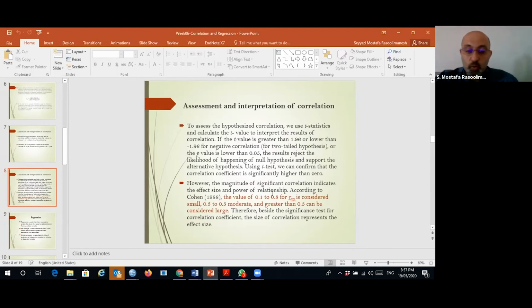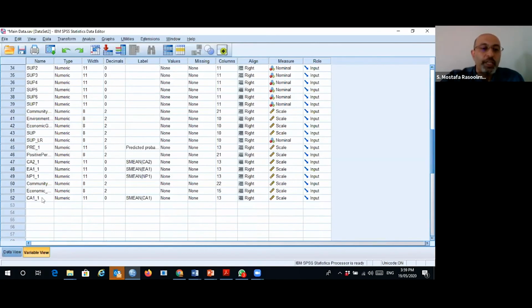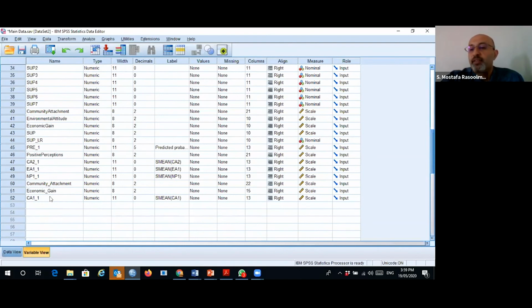Let's go to SPSS. For correlation, for example, here we already created two variables, community attachment and economic gain, right? So we want to see the correlation between these two variables.